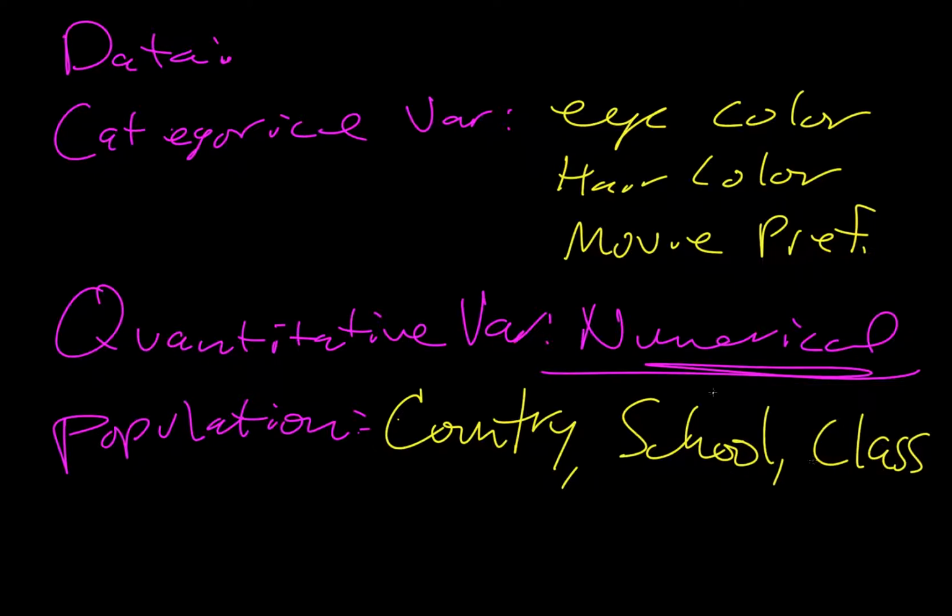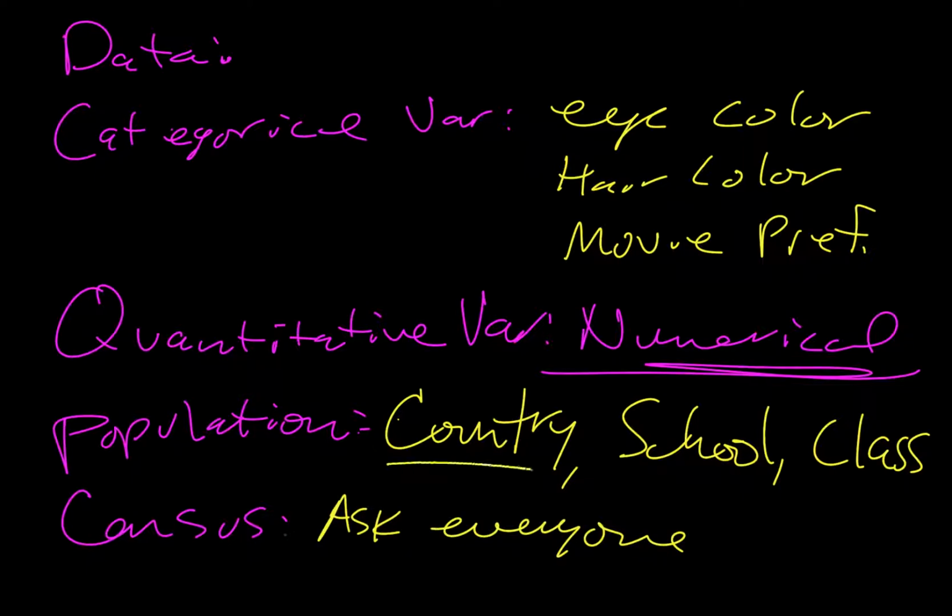All of those could be considered populations. Census: the collection of information from the whole population. So you have to ask everyone. If we ask every single person in the country, that's a census. Every person in the school, census. Every person in the class is a census.